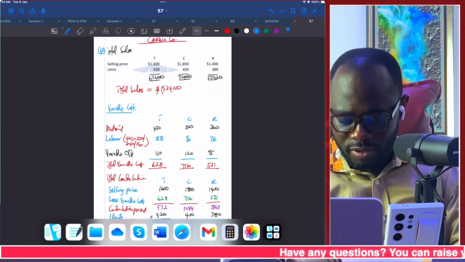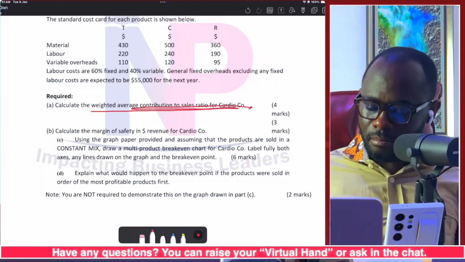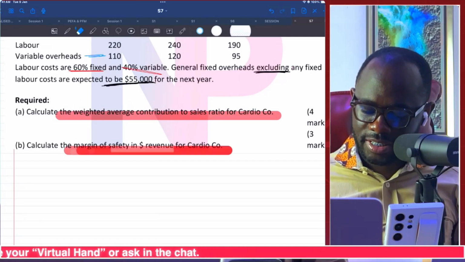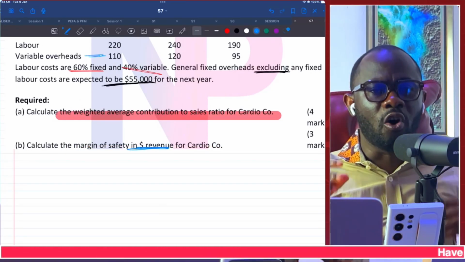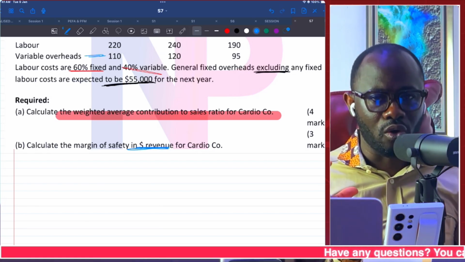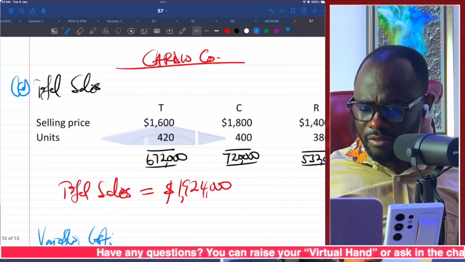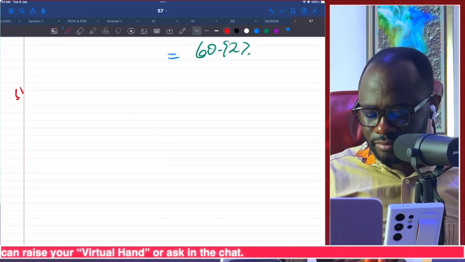But look at the B aspect of the question. It says margin of safety. Okay, it's here. Margin of safety in revenue for Cardio Co. Now, margin of safety in revenue, how do we calculate that?